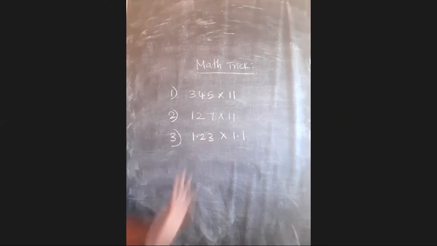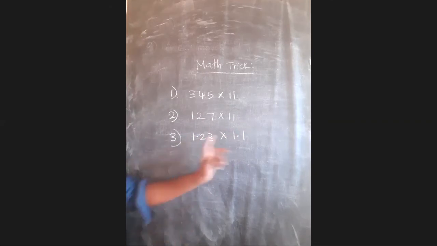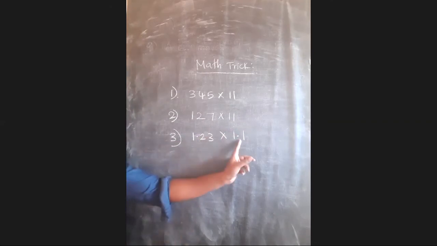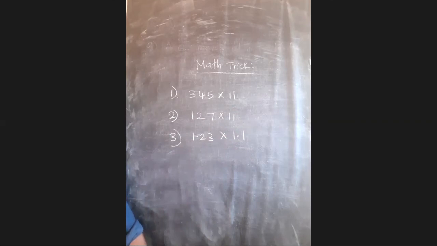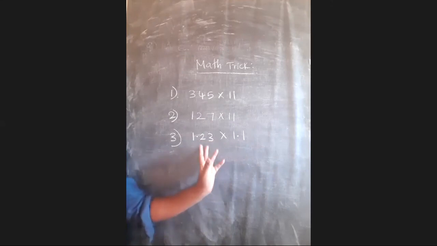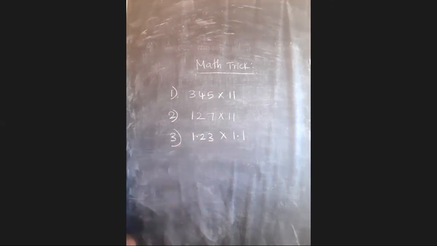For this question, forget about the decimal point first. After you find the answer, please keep the decimal point. You will get the answer very easily. Yes, I'll give you only 1 minute. Complete all 3 answers and then send the answers.